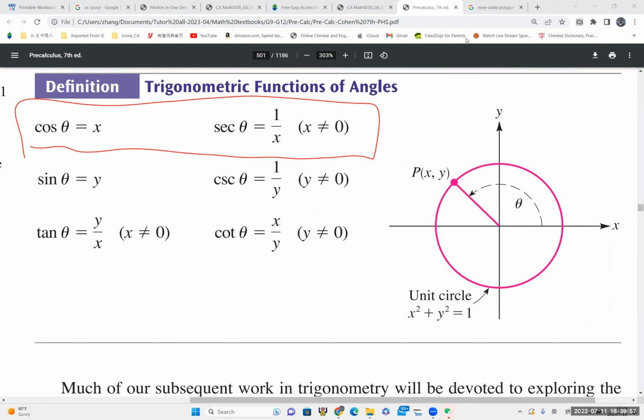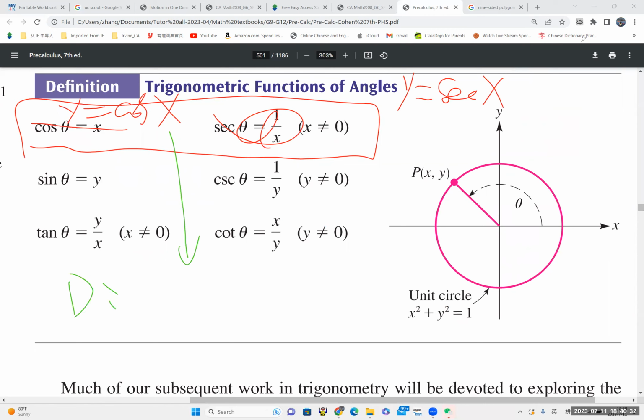By the way, in future, we'll call this y equal to cosine x, because normally we use x as the independent variable, right? So x actually is an angle. Then we'll call this y equal to secant x. Anyway, if x is an angle in this function, the domain can be any real number.